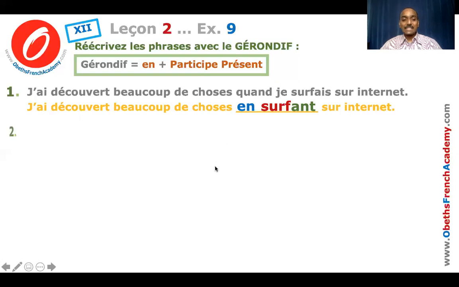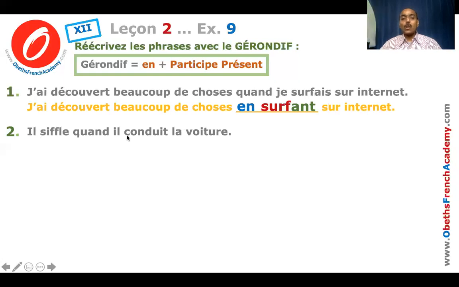The second sentence. Il siffle quand il conduit la voiture. He whistles, or he is whistling, when he drives the car. The same way as the previous one, instead of when he drives, you need to replace this and put the second verb in the gérondel.